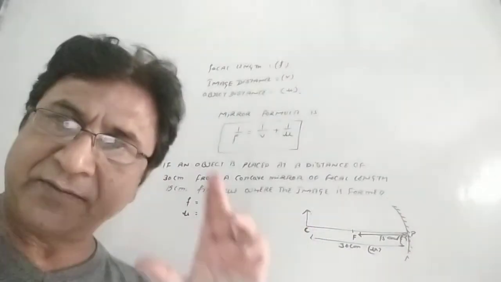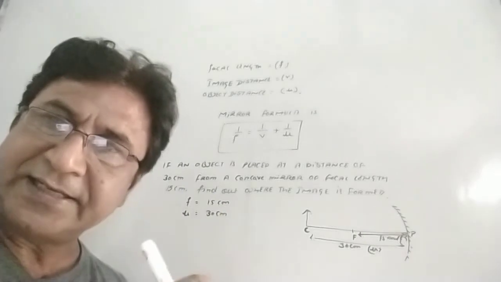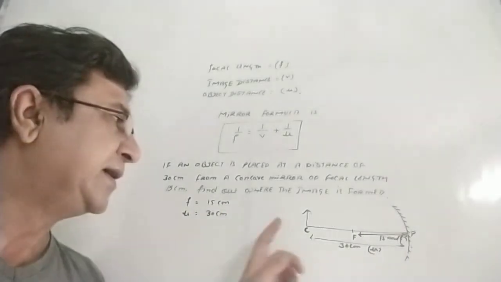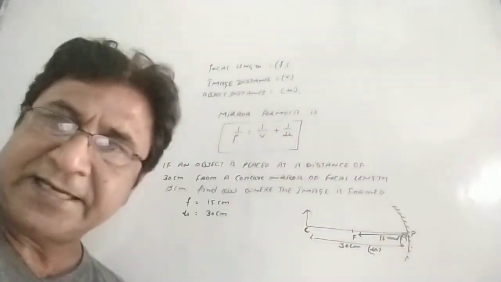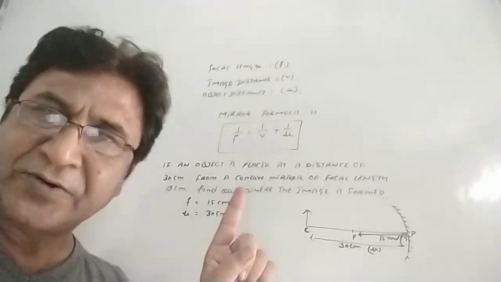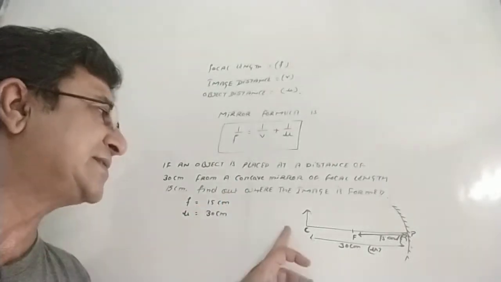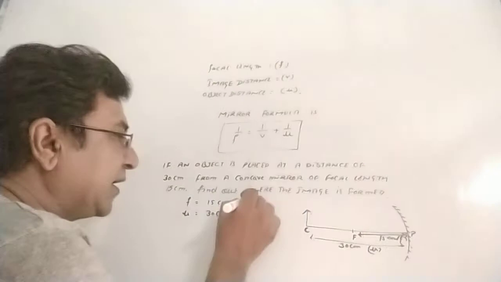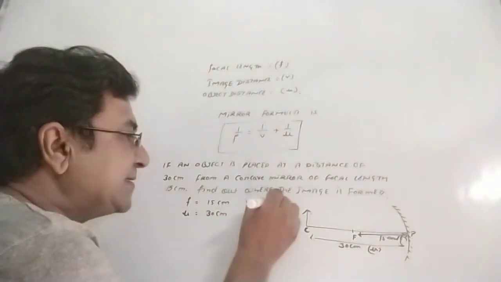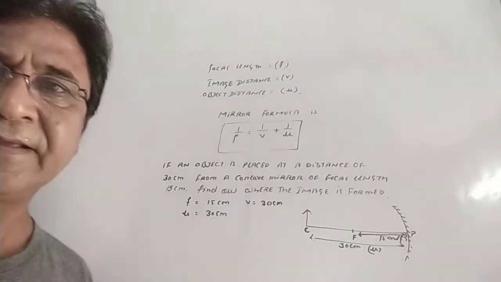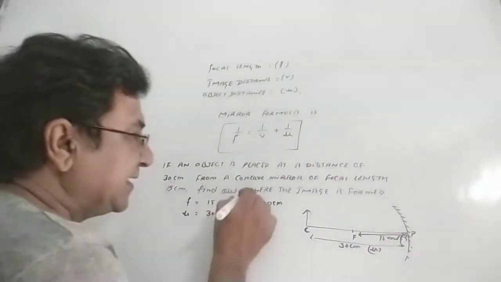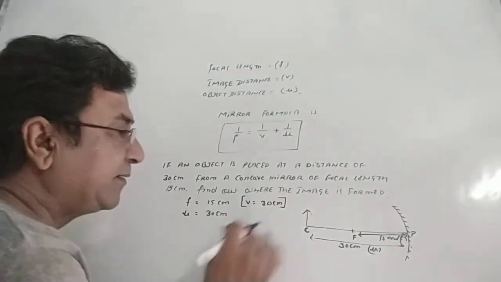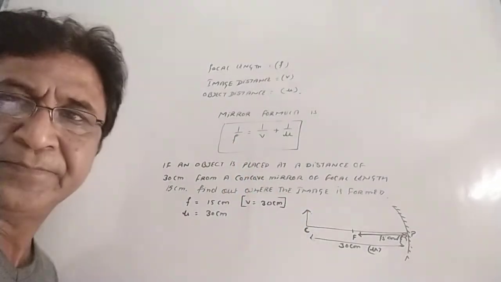Now in the ray diagram we have seen, if the object is placed at the center of curvature, the image is also formed at the center of curvature. Image formed at the center of curvature means my V is going to be 30 centimeter. Correct? If you know the ray diagram, you actually know the answer.